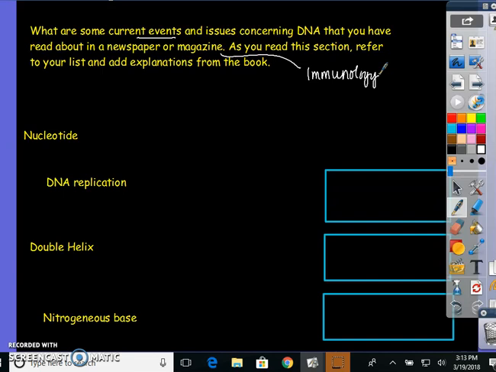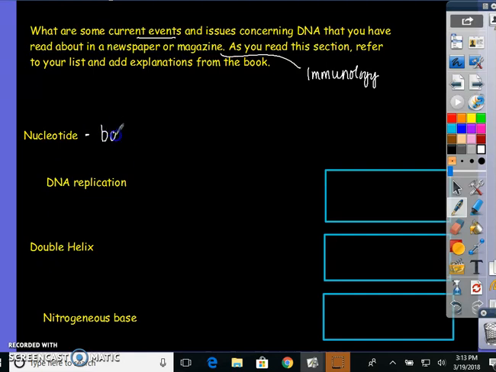So we've got nucleotide. The scientific definition says a compound consisting of a nucleoside linked to a phosphate group. Oh my goodness, it sounds terrible. Okay, nucleotides form the basic structural unit of nucleic acids.